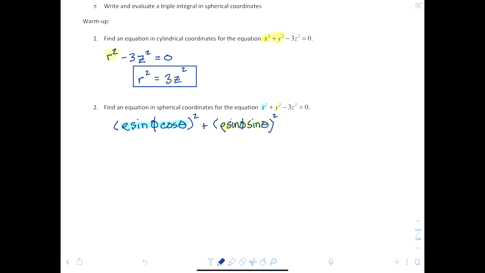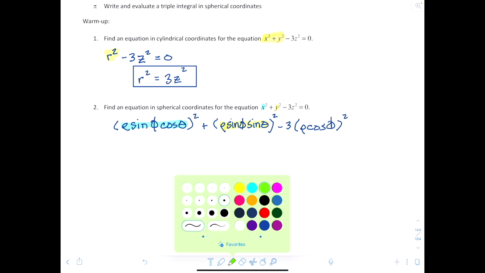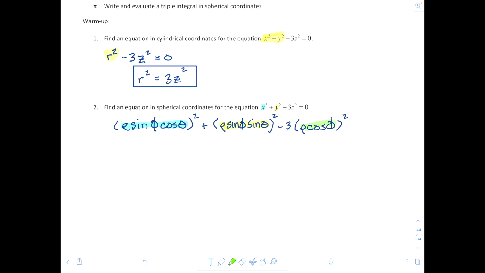And then we'll have minus 3 times z, if you recall, is rho times cosine phi. And that's going to be squared. And that's all equal to 0.